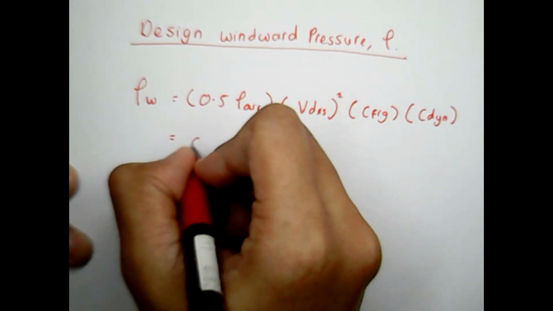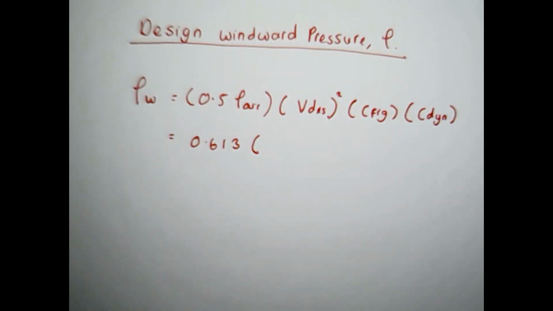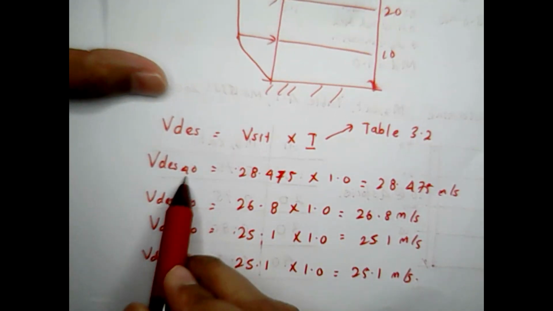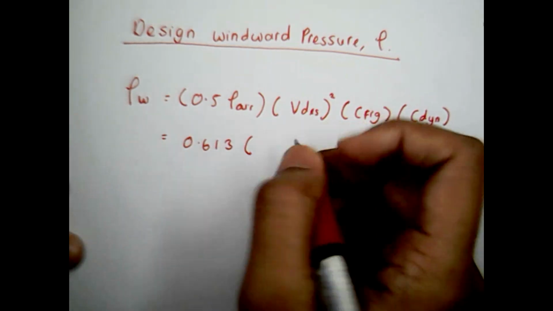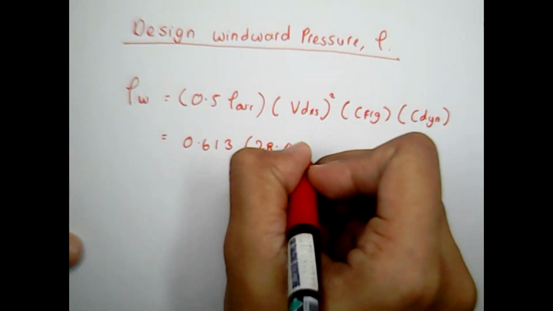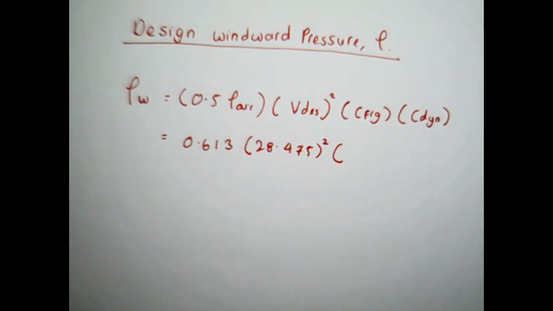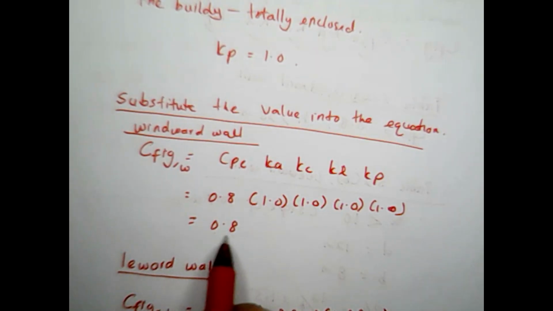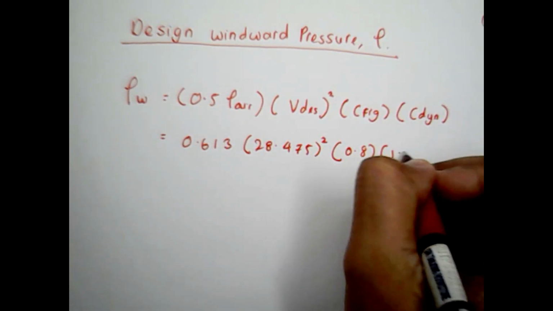So here you have 0.613 times your V dash, the design wind speed at 40 meters, which is 28.475, squared, times your CFIC. We have calculated it just now: for windward, your CFIC is 0.8, and C dynamic is equal to 1.